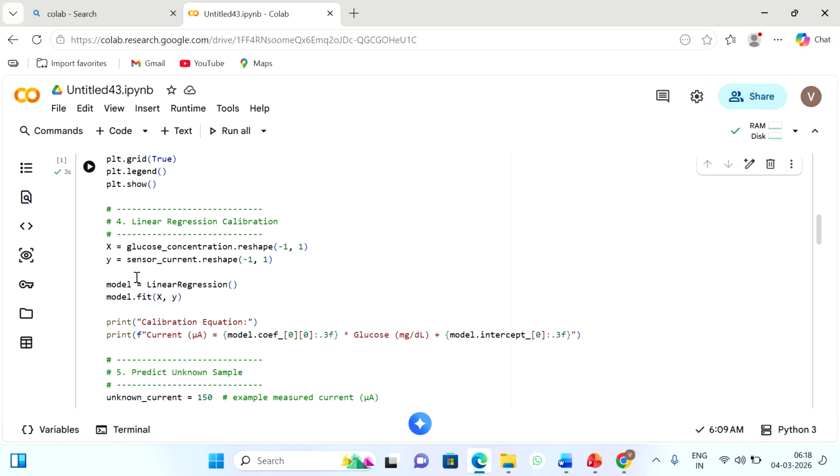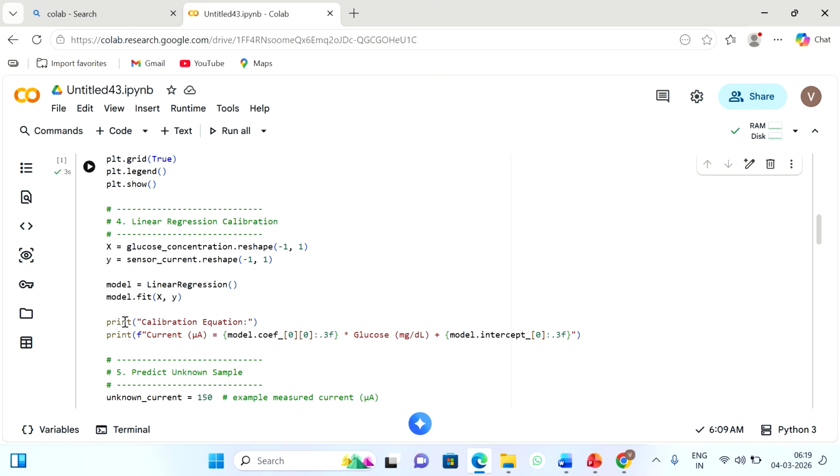Y is equal to sensor_current.reshape(-1, 1). Machine learning models require 2D input. That means reshape(-1, 1) converts a one-dimensional array to column format.